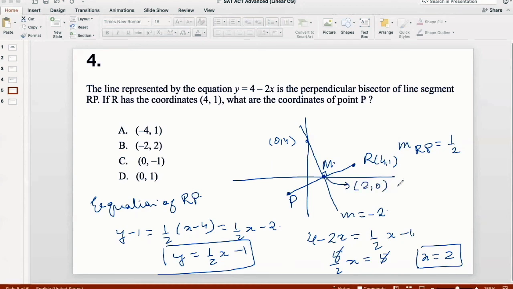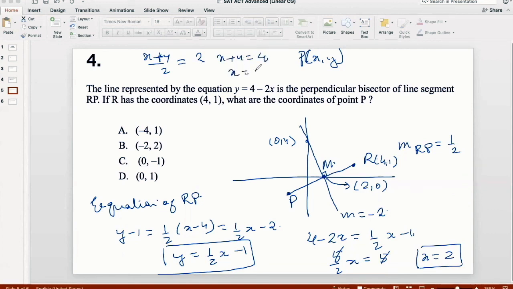Now we can use the midpoint formula. Let P be (x, y). Then (x plus 4)/2 should be 2, because the x coordinate of R is 4 and the x coordinate of M is 2. So x plus 4 should be 4.